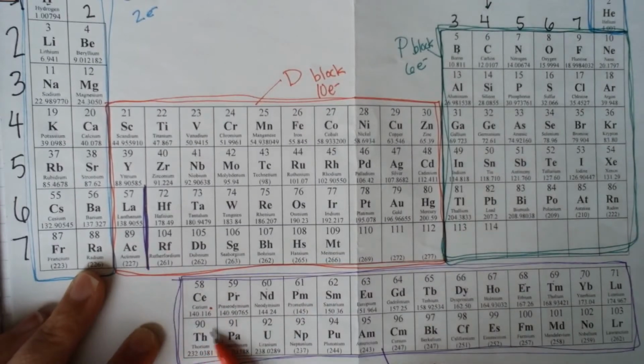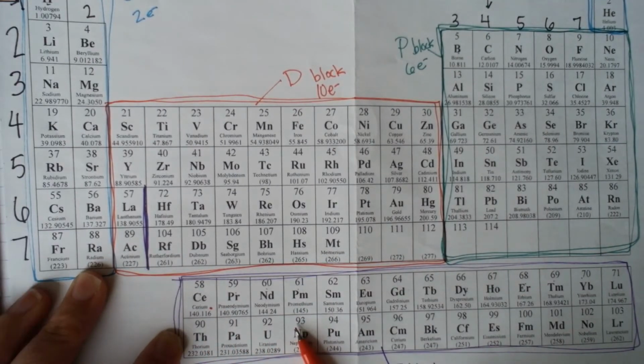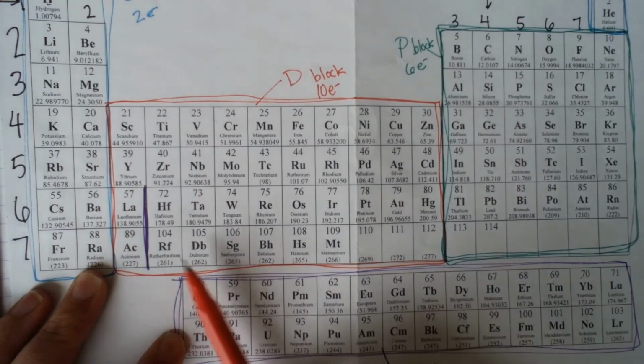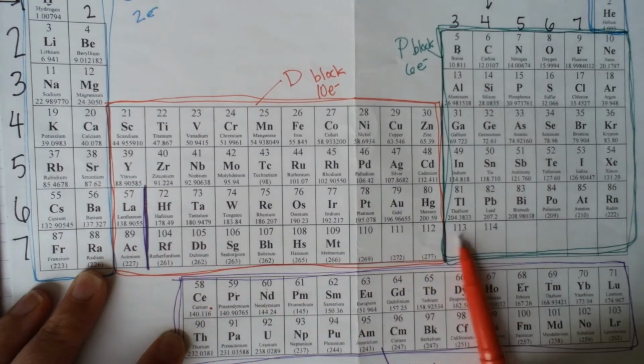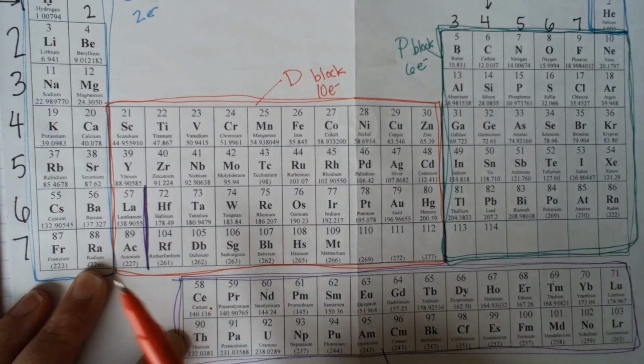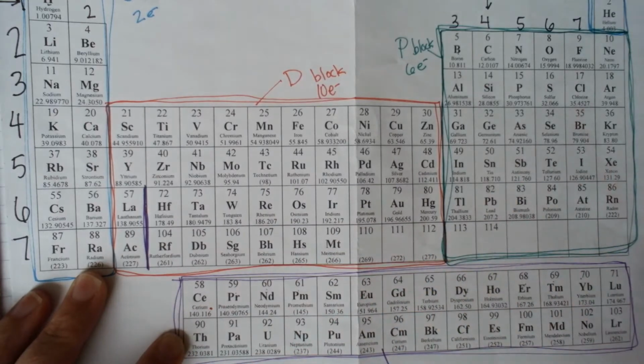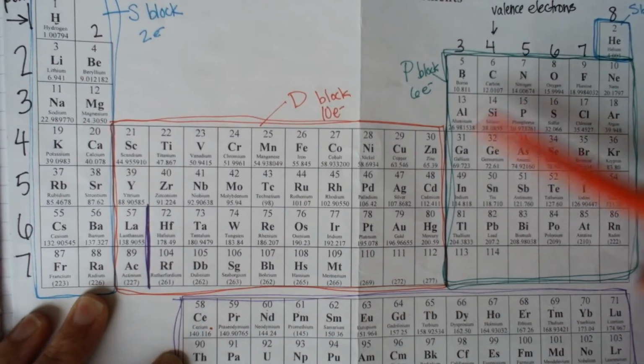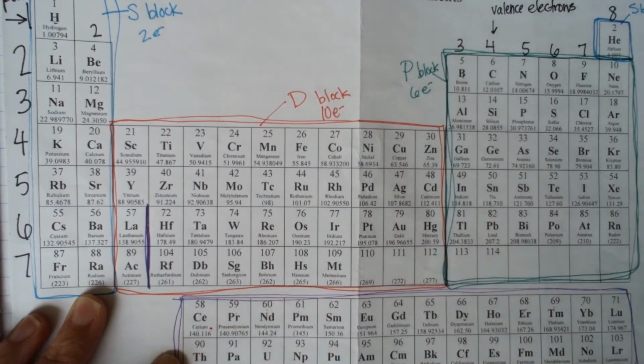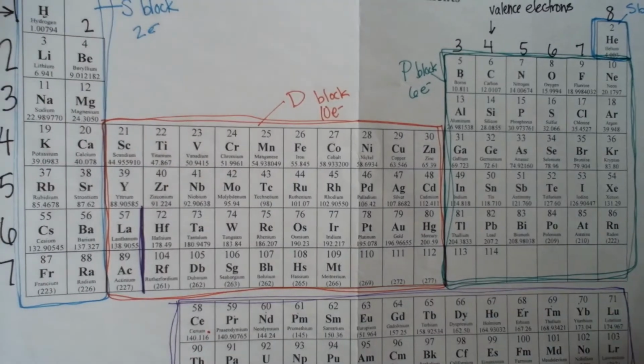We're going to come back, pick up these rare earth metals that are down here at the bottom. Then we're going to go 6d and 7p. So traveling through the periodic table, we go through the blocks, and we can see where each electron would end up, where its address is.